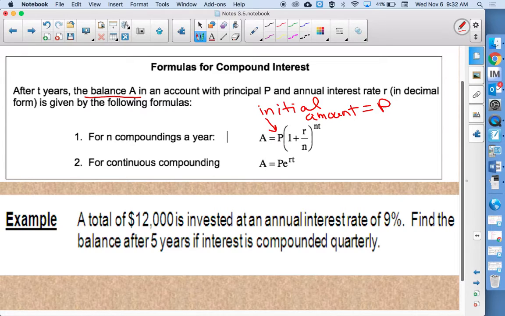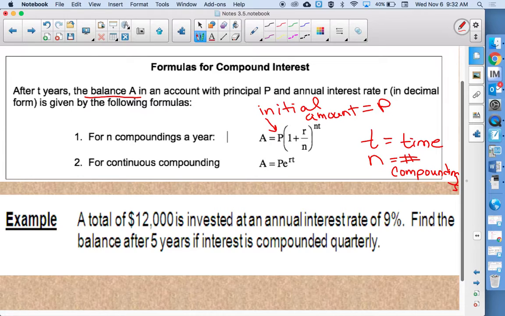The R is the interest rate, whatever the rate happens to be, as a decimal. And then the other variable up here that isn't defined would be T, and T would be time. And N, it says the number of compoundings. So again, a compounding is how you're earning interest.